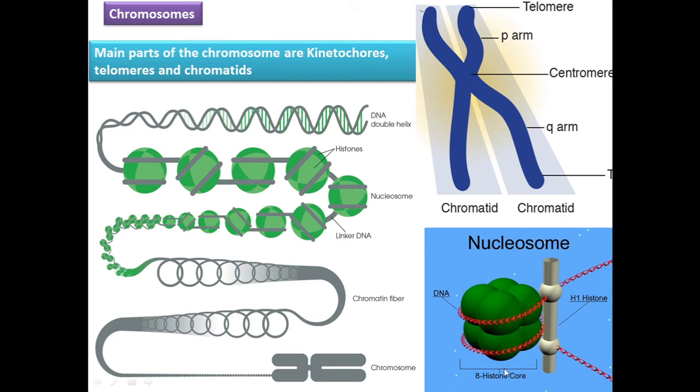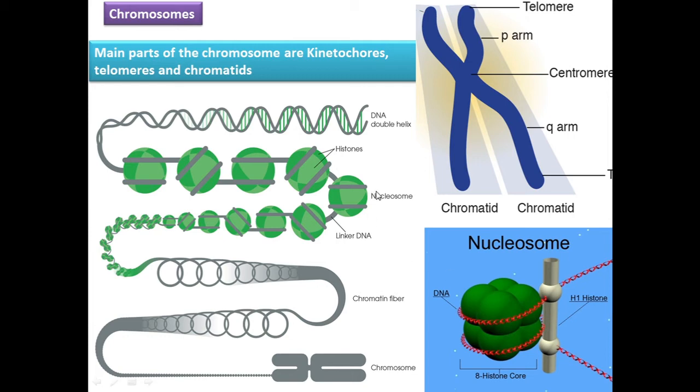There are a total of 8 histones in the core, a 4-4 set, and then a linker histone, the H1 histone. The 8-histone core with the DNA wrapped around it is known as a nucleosome, and the DNA with the H1 histone is known as linker DNA.